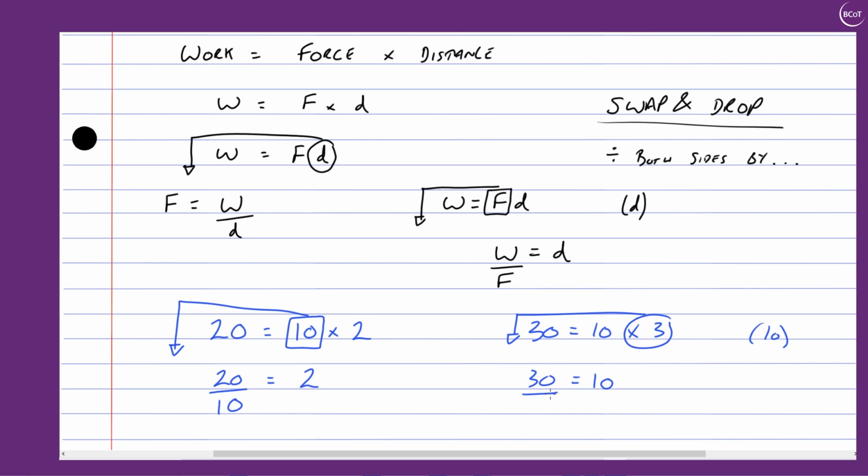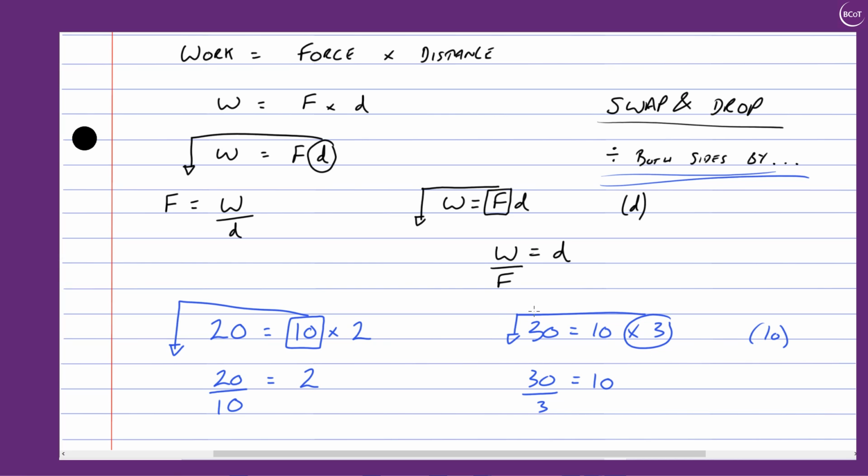So 30 over 3, or 30 divided by 3, is 10, and that is correct. So this is a useful tool to have when you're rearranging equations and formulae, swap and drop, which is the same as dividing both sides by a number.